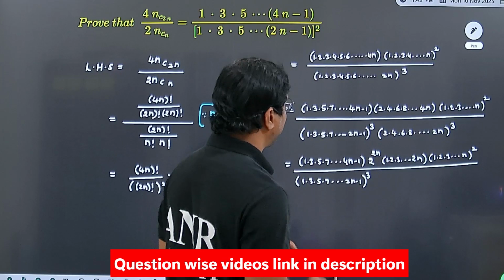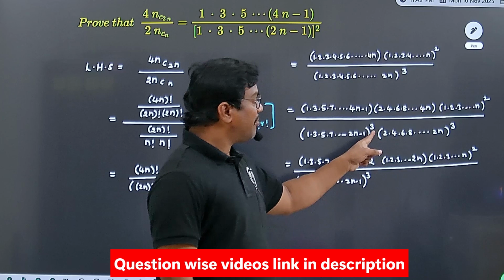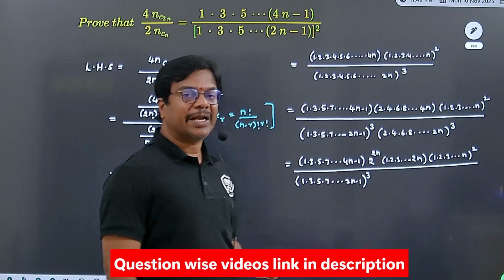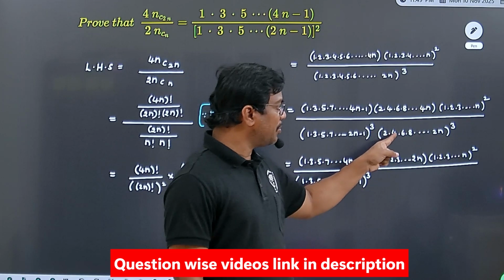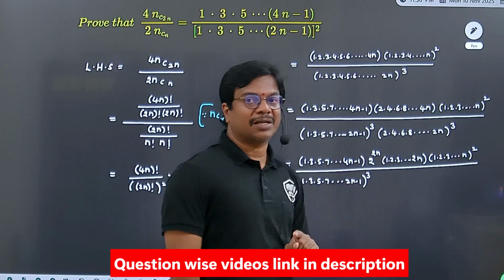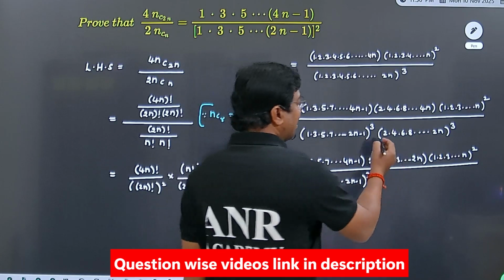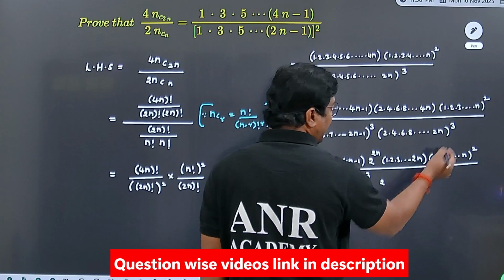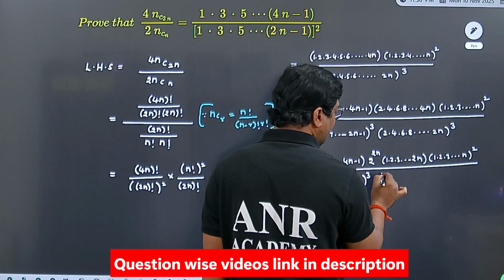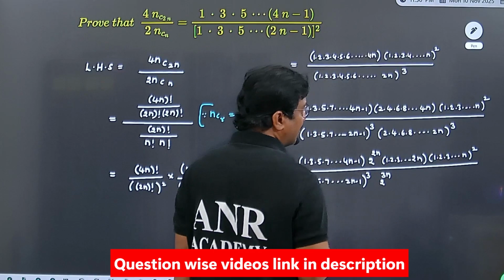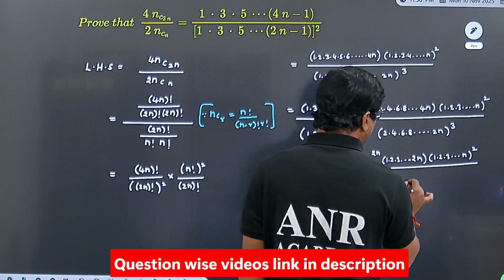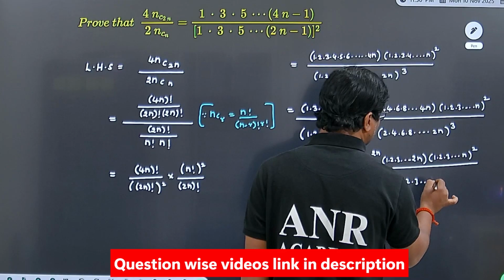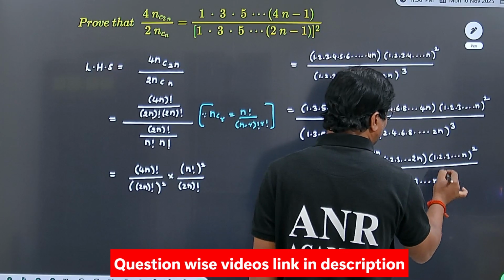Next, here from each term you can take 2 common: 2 into 1, 2 into 2, 2 into 3, 2 into 4, 2 into n. So you can take 2 common n times, and again here you have power 3, so you can write 2 power 3n. Remaining internal part 1, 2, 3 and so on n whole power 3.